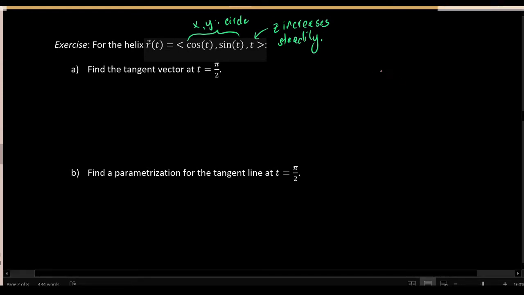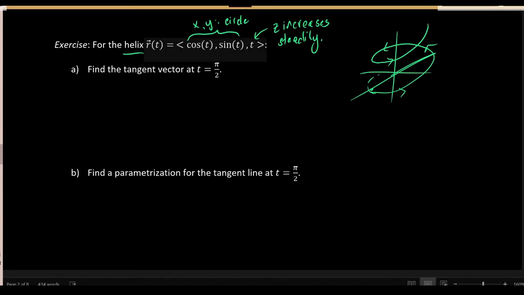We get a graph that in many ways resembles a spiral staircase. The x and the y values are spinning in a circle, but simultaneously the z value is climbing. And so we get a spiral staircase shaped motion, which in formal terms is called a helix, a single helix.